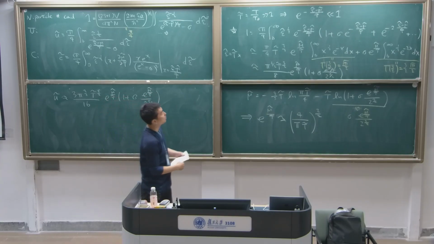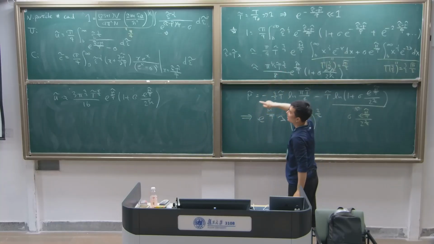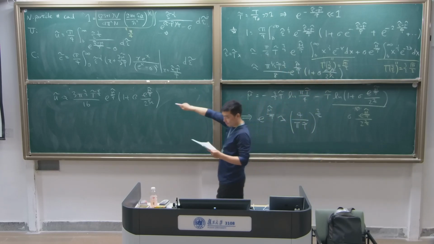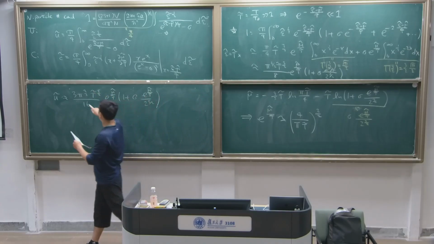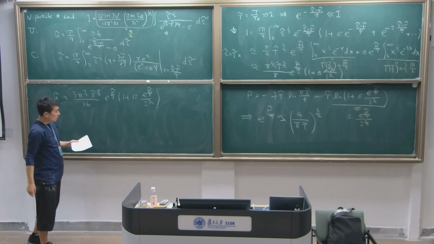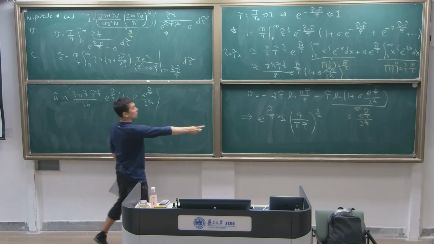If you compare with the previous equation, instead of 3/2 here you have a 5/2, and some appropriate coefficients need to be changed. E over 16. And you can see we have this relation.